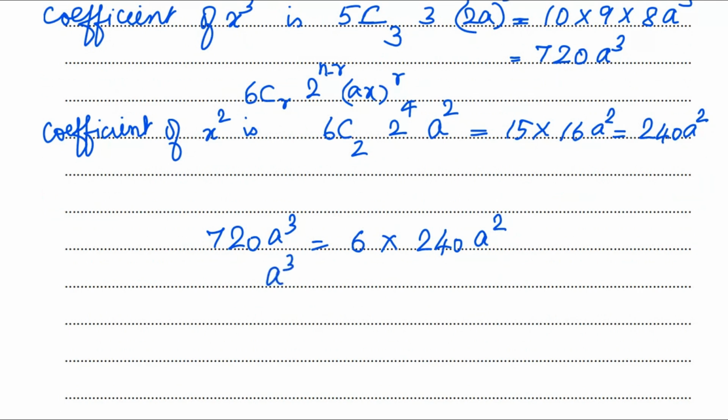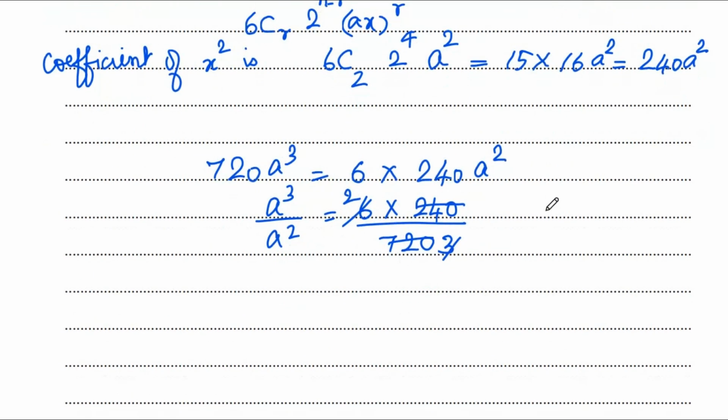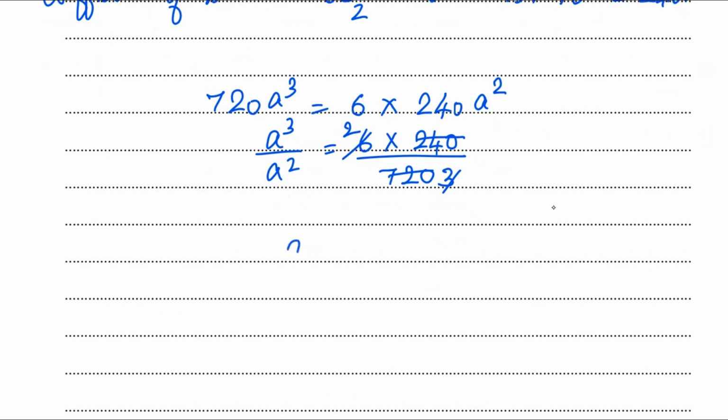So we get a cubed divided by a squared equal to 6 multiplied by 240 divided by 720. So this and this we can cancel. We get 3 times, and 6 and 3, it is 2. a cubed divided by a squared is a, which is equal to 2.